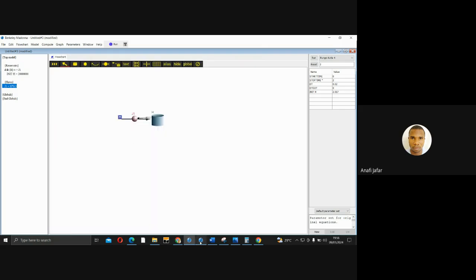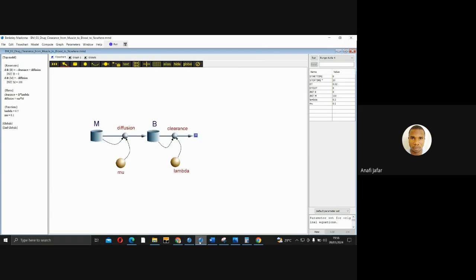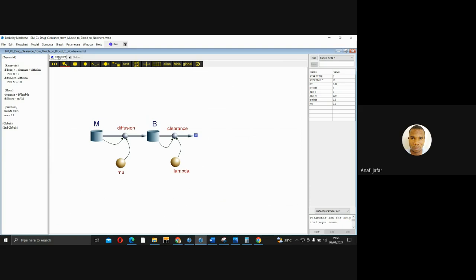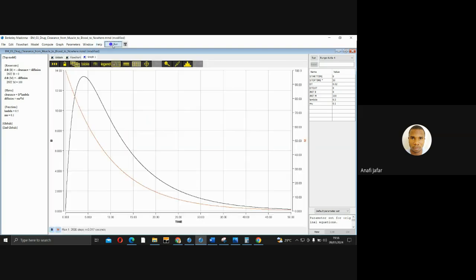I also have another graph that I want to show today. This is the graph of that diffusion that we showed before. And when I run the graph, you see this is how my graph looks. This is the diffusion graph, the assignment I gave you.